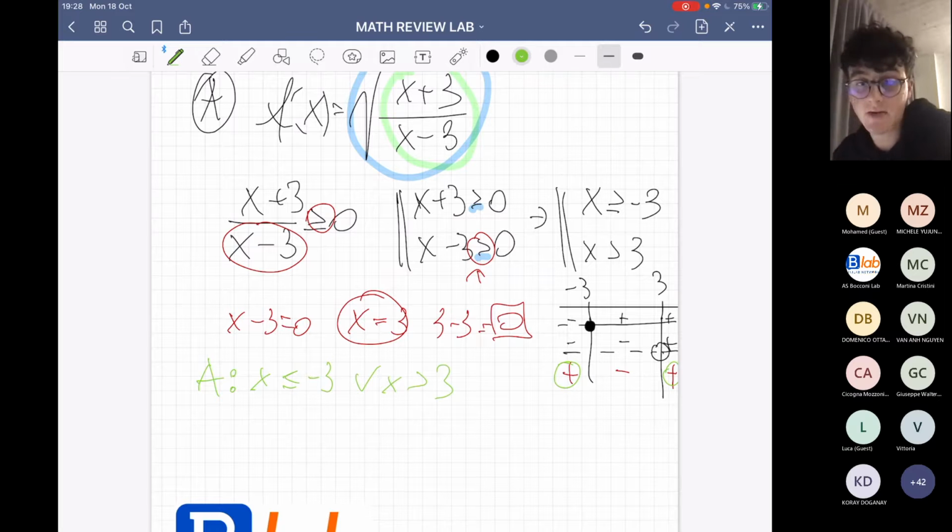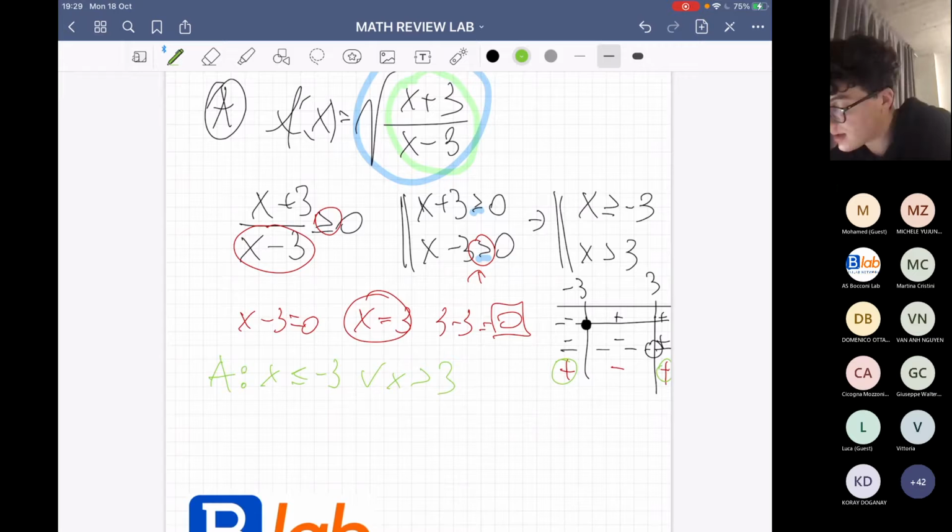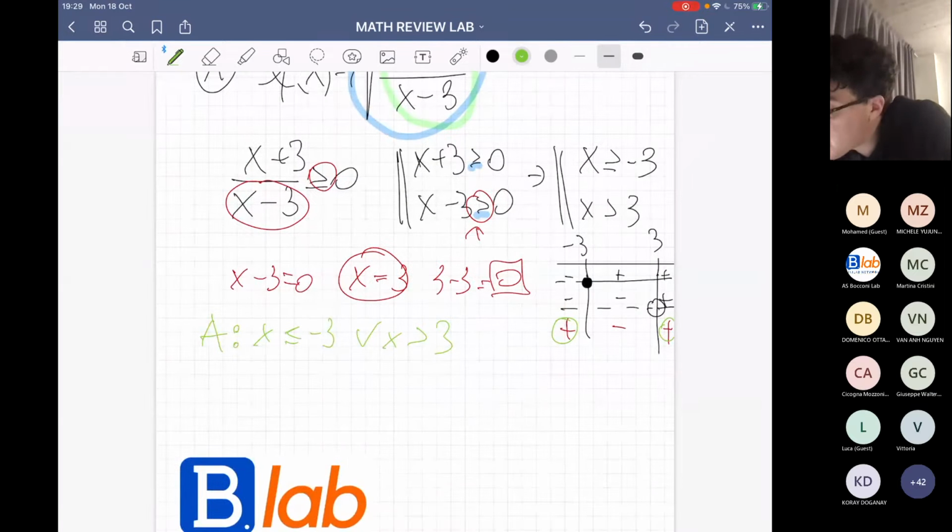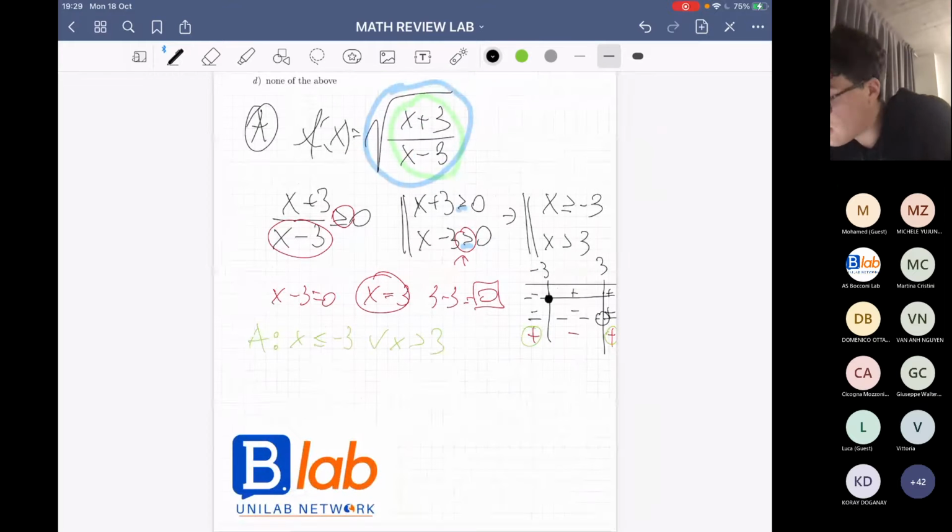Here, again, there is of course not the equal sign, and this is the natural domain of this function. So all the values that x can have in this function are either less than or equal to minus 3, or greater than 3.